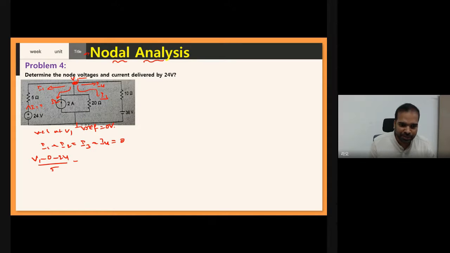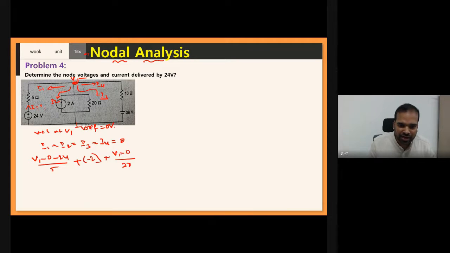By 5. Plus I2 means, see, this is our assumed current direction. Here you have a current source, but the current source direction is opposite, therefore minus 2. Plus I3 means V1 is connected with reference to 0, so we don't have any voltage source here, V1 minus 0 by 20.